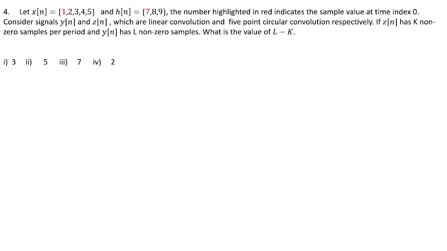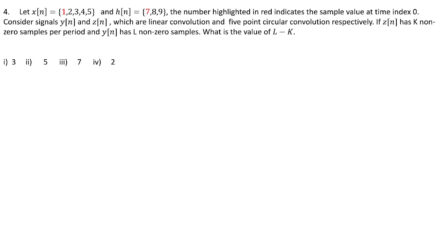Whereas circular convolution is a little more tricky. First of all, you must specify the points of circular convolution, that is the length of circular convolution. If you are considering 5-point circular convolution, the input sequences you are going to circularly convolve should be of the same length. For linear convolution this is not at all necessary.